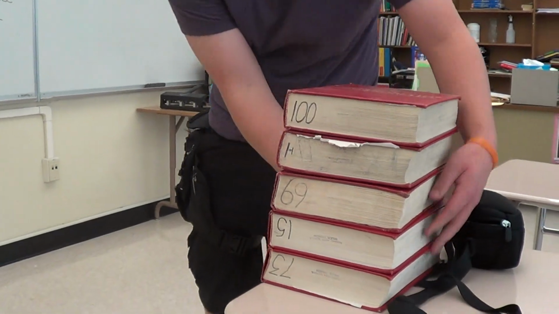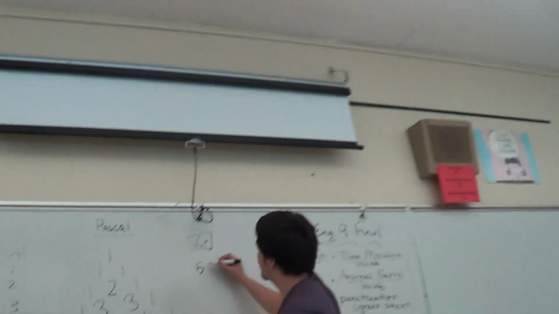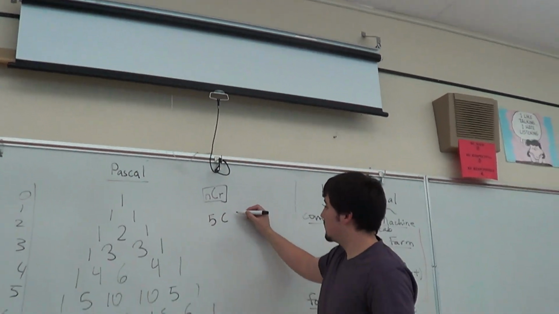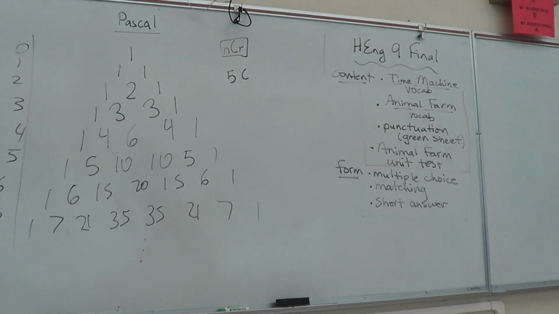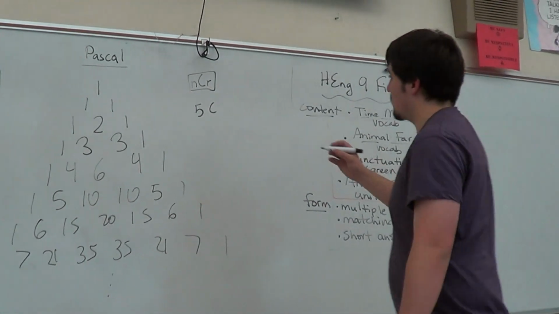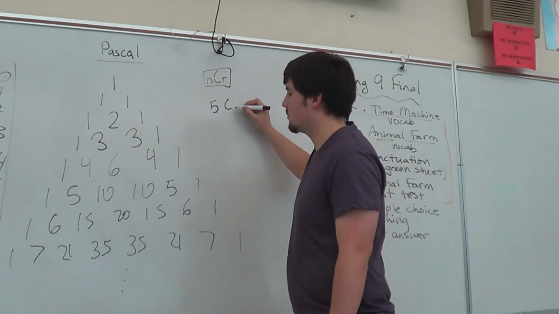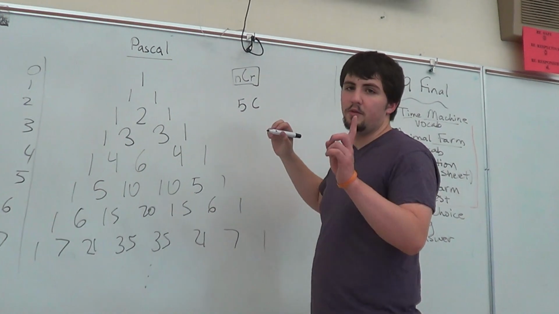So that would be 5 choose 2, how many different combinations of 2 books are there? Sorry, I haven't thought this through. We'll start with 1.